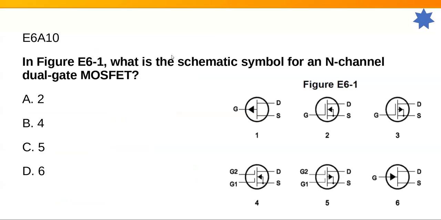So in figure 6.1, what's the symbol for an N-channel dual gate MOSFET? I mean, it pretty much has to be 4 or 5, right? So if it's an N-channel, which way does the little arrow go?